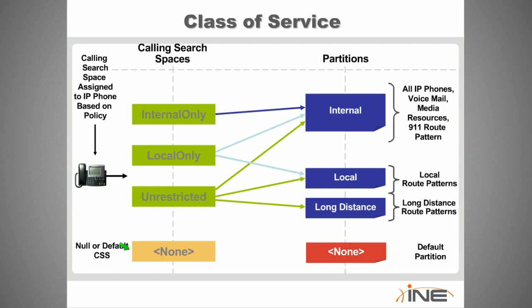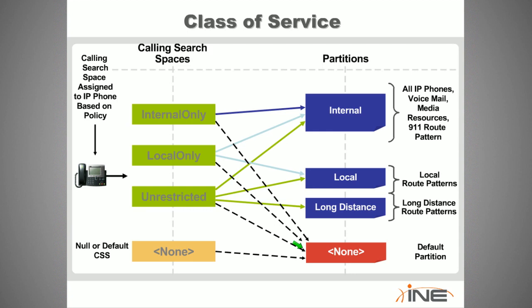There's also, if I didn't configure a CSS or calling search space for a device, it has the very specific calling search space of the null or default or none, all synonymous with each other. None or null or default CSS. The null CSS only contains the null partition, and only can. It's non-configurable. You cannot change it.